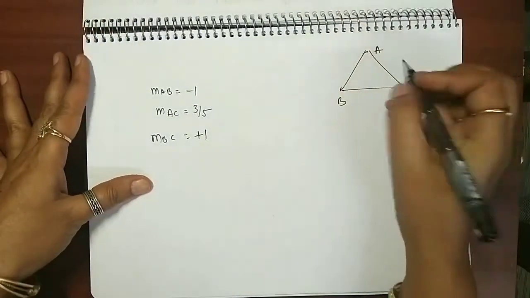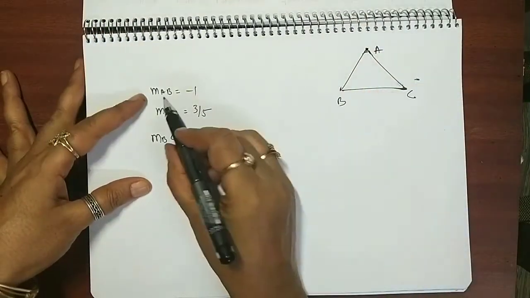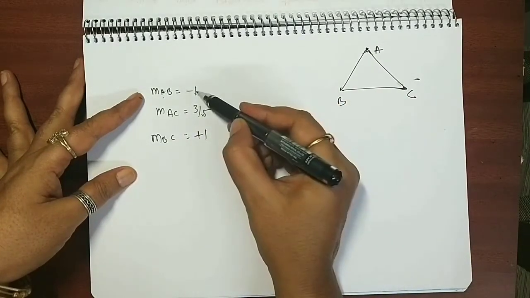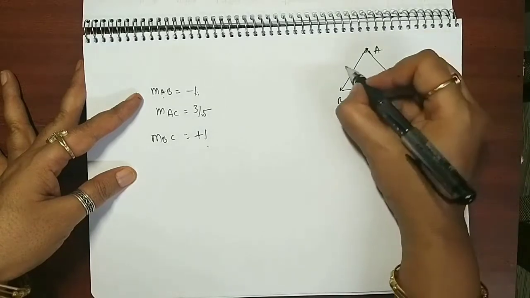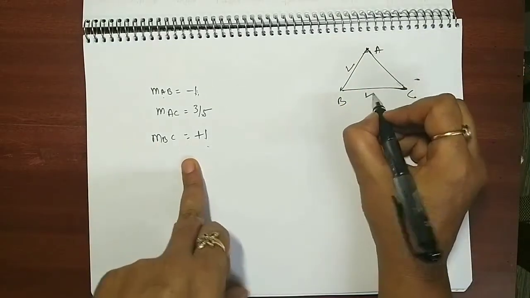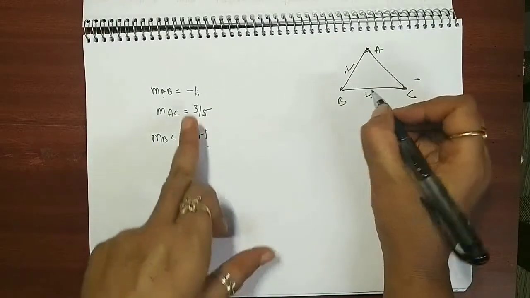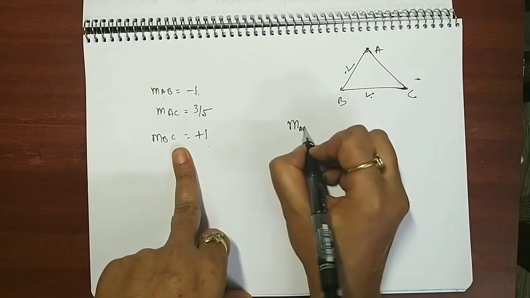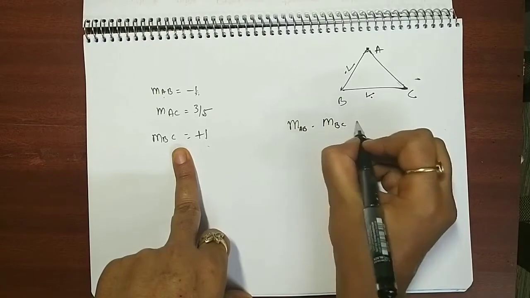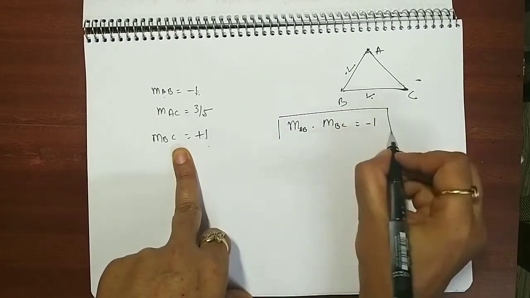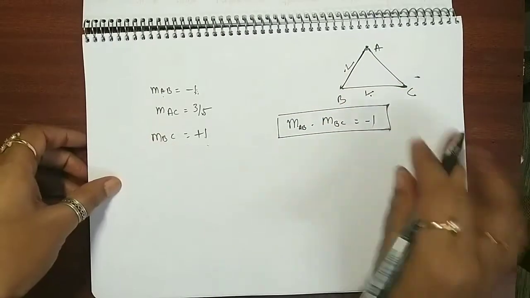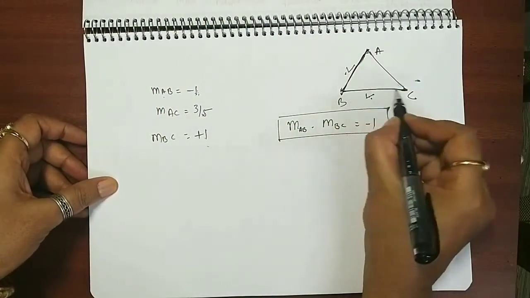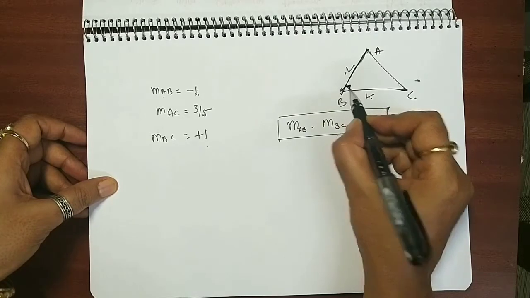So guys, you see here, the product of these two is minus 1, AB and BC. MAB into MBC is minus 1. So for sure these two are perpendicular. So this was my rough sketch. So that means the angle between AB and BC has to be 90 degree.